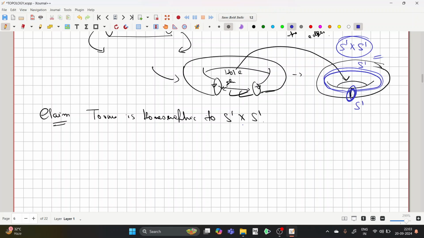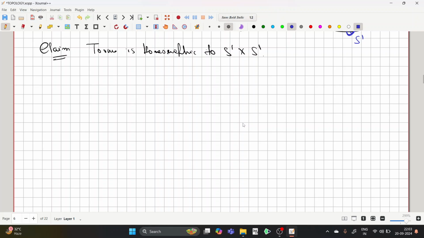So before moving on to this claim, let me first give how we are actually identifying the square to the torus. Okay. So let X be, how are we having this square? We are having a unit square. I can give the unit square as the closed interval [0,1] cross the closed interval [0,1], right?